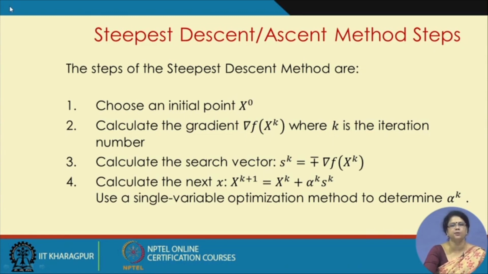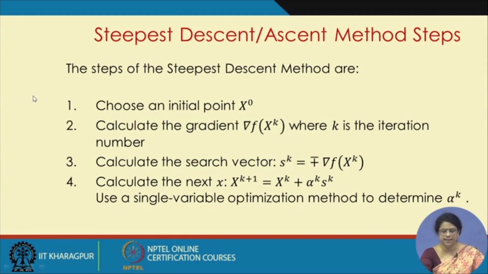That is why it has been explained to you that if x naught is the initial point, then the next point x1 is equal to x naught plus alpha k sk. Alpha here is the step length at the kth iteration, and sk is the direction. Sk is positive if it is maximization and negative if it is the minimization problem.